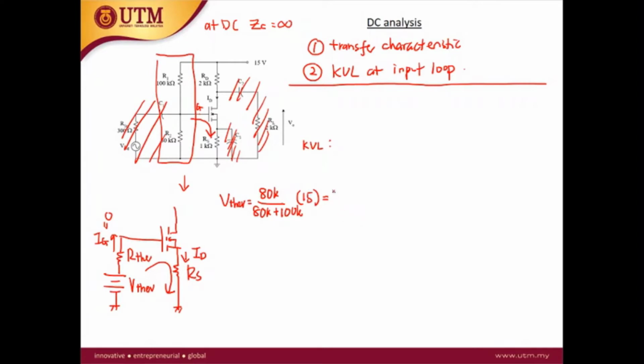And for the R Thevenin, this is R1 parallel with R2. So 80k parallel with 100k is equal to 44.44 kilo ohm.